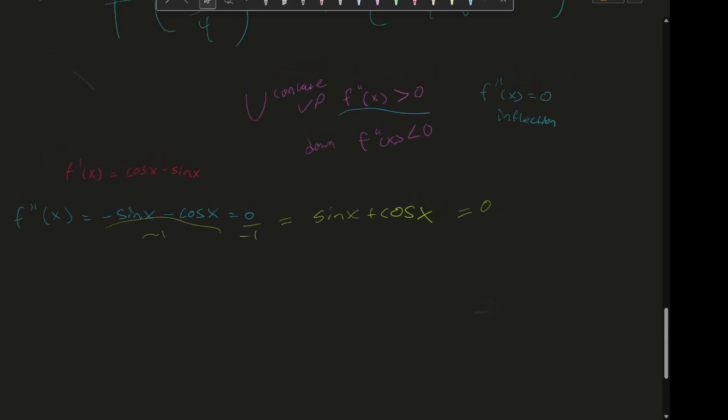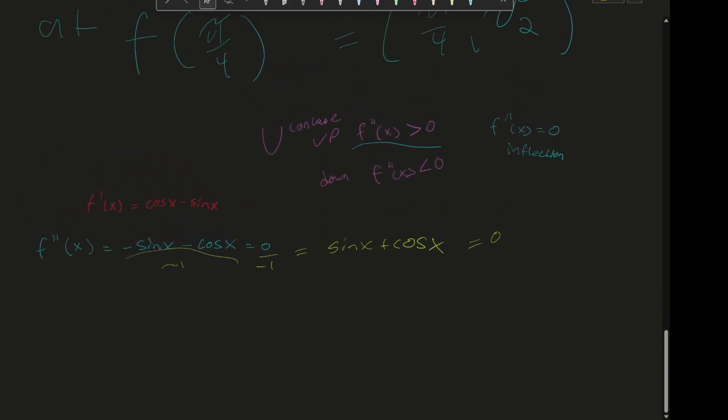Anyway, so you're looking for when is that greater than 0, when is that less than 0. So same thing as before. Choose one to move to the other side. So I'm just going to subtract cosine x from both sides, and then again, imagine there's a -1 times your cosine x.